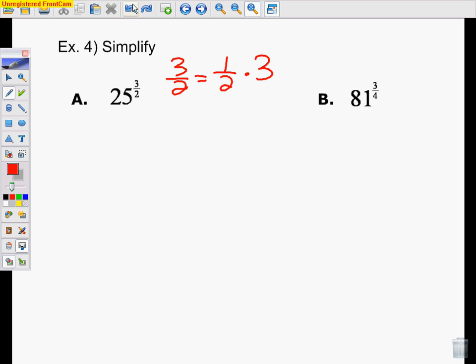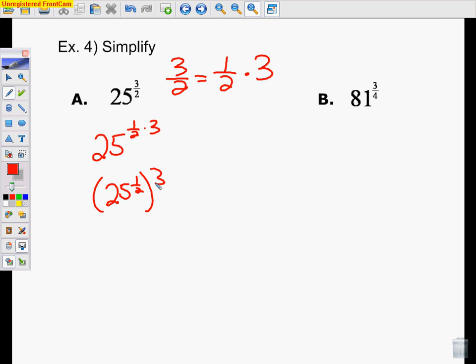So I can rewrite this as 25 to the 1/2 times 3. Now, I can also rewrite this as 25 to the 1/2 to the third power. Because when you raise a power to an exponent, you just multiply the exponents together.